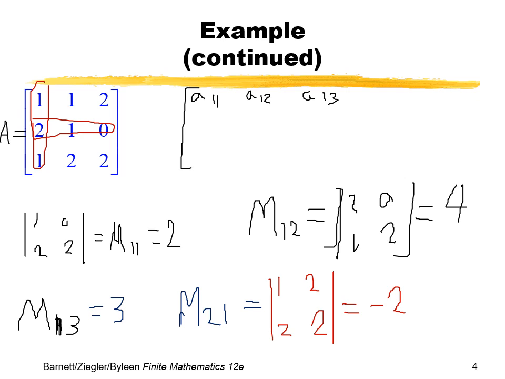And we will continue that till we get the whole matrix of minors. The matrix of minors will be a 3 by 3 matrix, denoted as M, or as A minor, M-I-N-O-R.